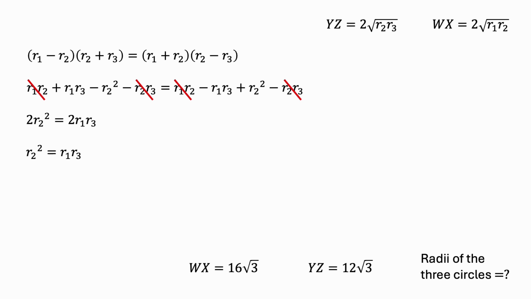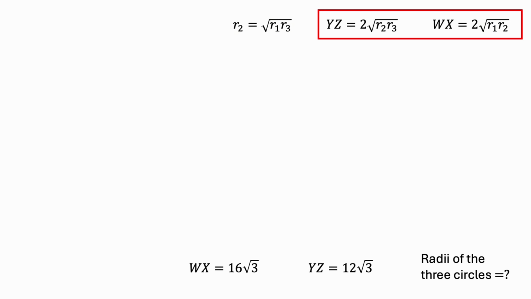Taking the square root, we obtain R2 equals square root R1R3. Multiplying these two equations gives us YZ times WX equals 2 square root R2R3 times 2 square root R1R2. We then write the right hand side as 4 square root R1R3 times R2.